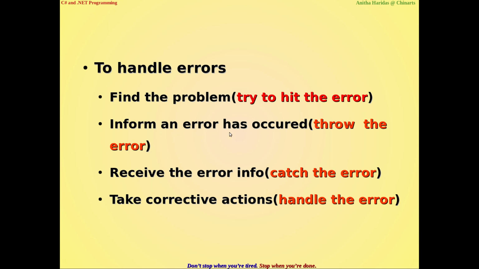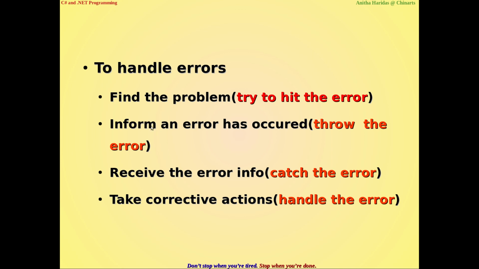Once you have informed the program, you have to send or receive the error information. Once you receive the error information, you have to take a corrective action or measure to overcome that particular error. So these are the 4 things that we have to do in runtime error handling, or you call it exception handling.